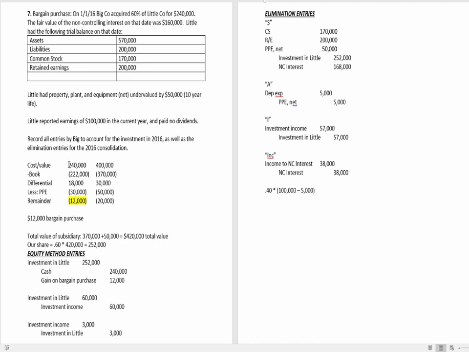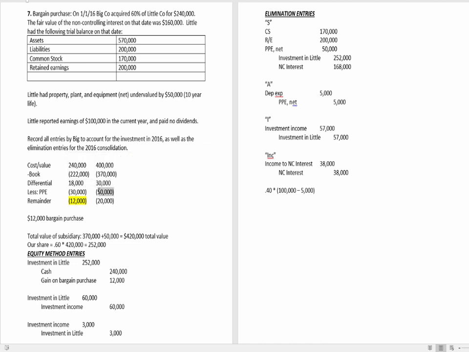And as always, we'll take our cost of the investment, $240,000, add the fair value of the non-controlling interest to get up to $400,000. We subtract out the book value. Total book value is $370,000. Our share $222,000 to get a differential of $30,000. Our share $18,000.